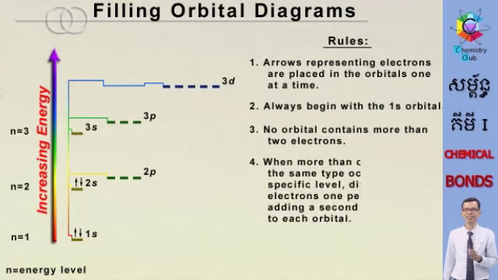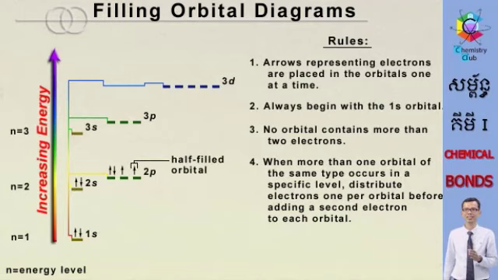Fourth, when more than one orbital of the same type occurs in a specific level, distribute the electrons 1 per orbital before adding the second electron to the orbital. Orbitals that contain only 1 electron are called half-filled orbitals and are the orbitals that are important in bond formation.